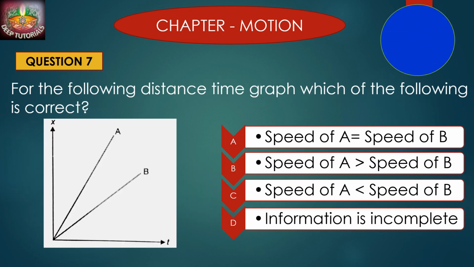Moving on to the next question, question number 7. For the following distance time graph, which of the following is correct? Your options are speed of A is equal to speed of B, speed of A is greater than speed of B, speed of A is less than speed of B, or information is incomplete.